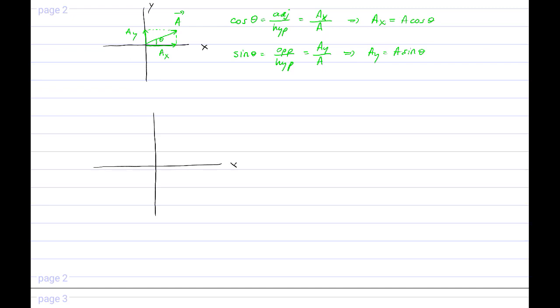y, and let's say that we have a vector A in this direction and a vector B in that direction. We will project both vectors onto the x-axis. So this will be A sub x, this will be B sub x.